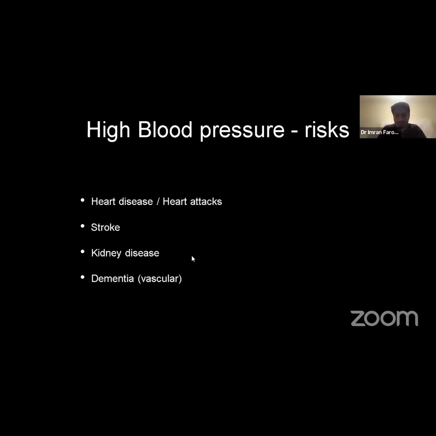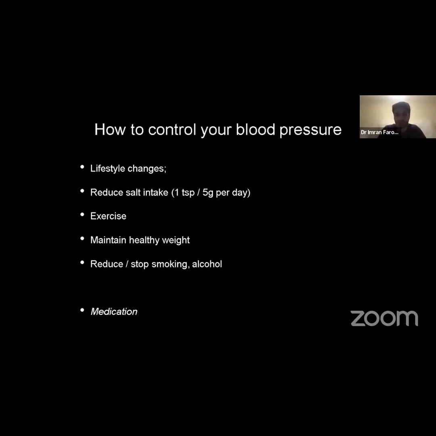So all of these things are risks of having high blood pressure over many months or many years. And that's why it's really important that we're aware of it and try and get it under control. So what can we do?